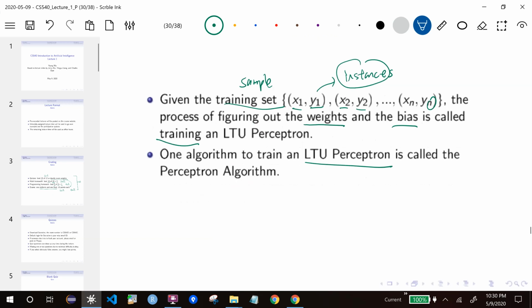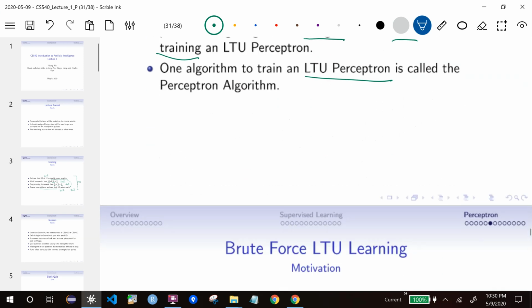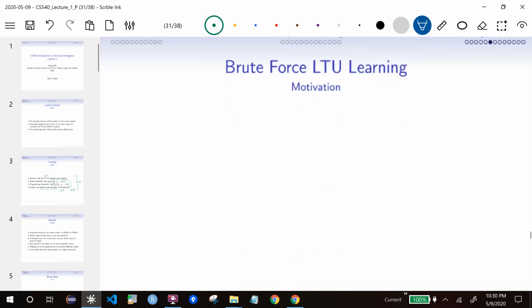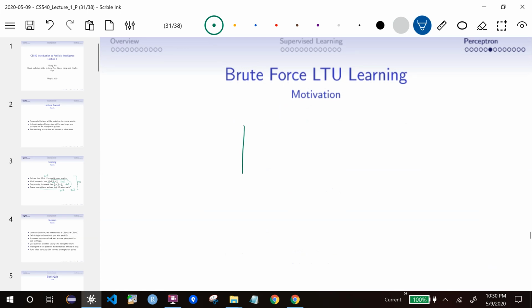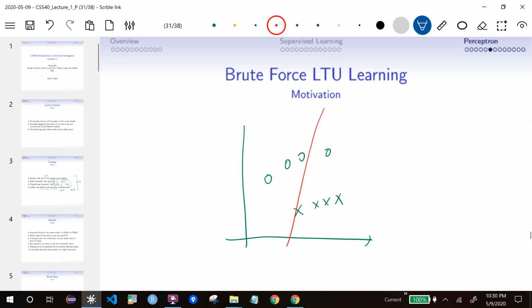Let's first look at another very obvious way to train this, basically guess and check. So it's usually called the brute force method, and basically we have cats and dogs again. What we are doing is we guess one, and then, well, it's making mistakes, so we guess another one, it's making more mistakes, so we keep guessing until somehow we're lucky and we get something that classifies everything correctly.